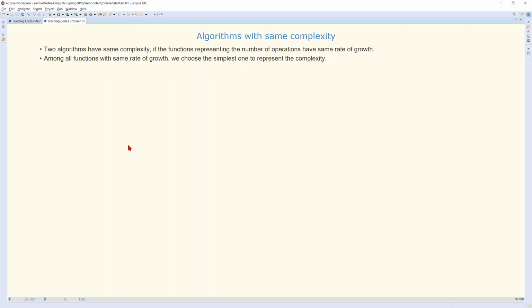So two algorithms have the same complexity if the functions representing the number of operations, their complexities, have the same rate of growth, and among all functions with the same rate of growth, you can pick any one. Then, for example, you can look at the cost.